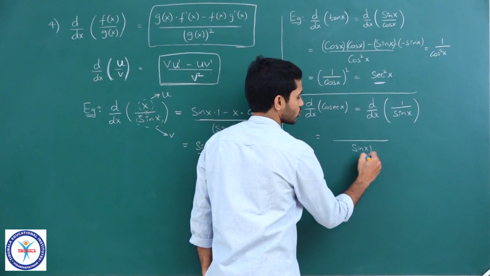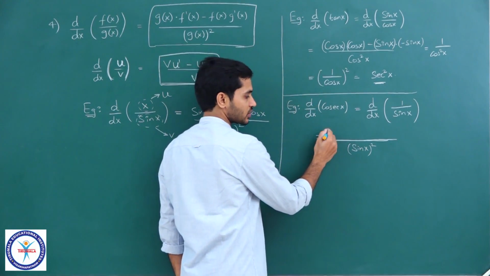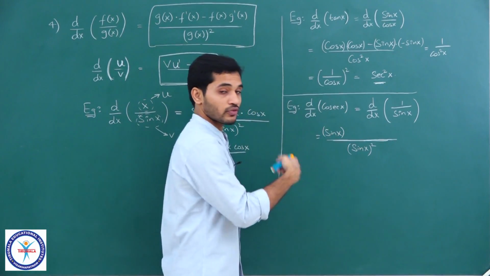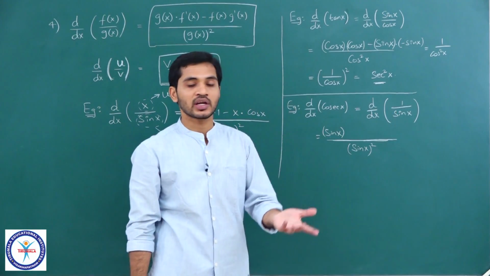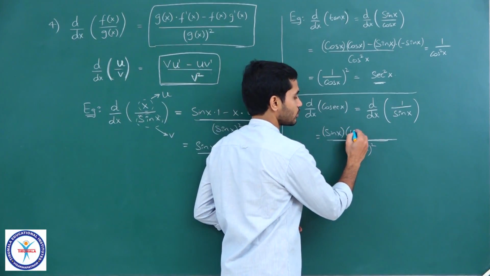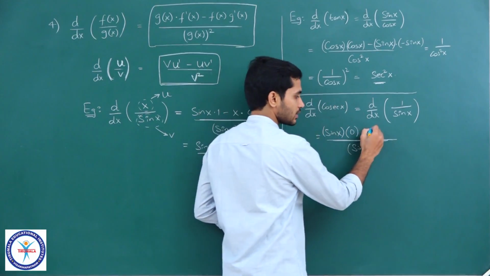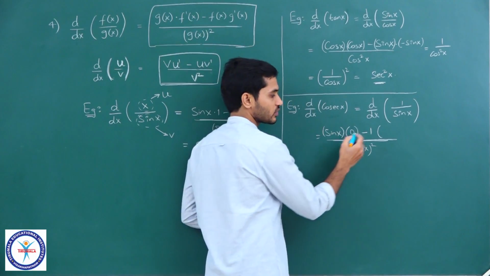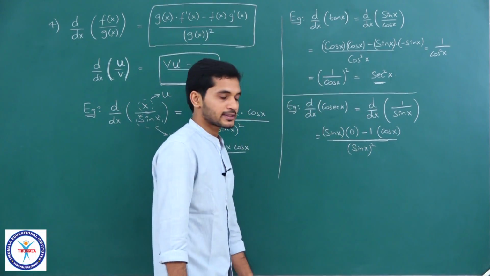So, sin x whole square, and I should write the numerator with the second function which is sin x into the derivative of the numerator. What is the derivative of 1? 0, because it is a constant term. So, into 0 minus, right, the numerator into the derivative of this second function. What is the derivative of sin x? Cos x. Clear students? So, that is it.